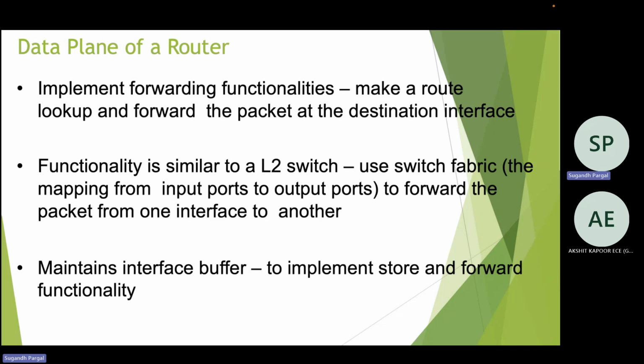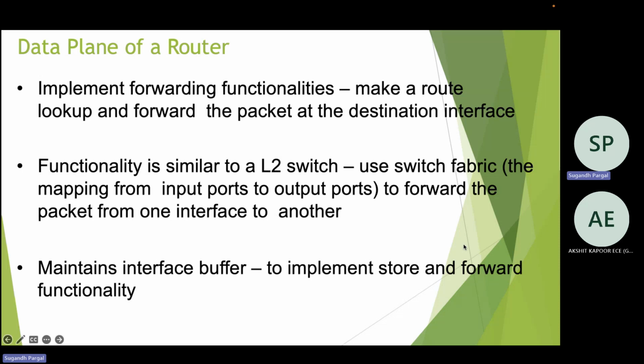So then we have the data plane of a router, which implements forwarding functionalities. That is, it makes a route lookup and forwards the packet to the destination interface. Its functionality is similar to an L2 switch, that is, a switch fabric, the mapping from input ports to the output ports to forward the packet from one interface to another.